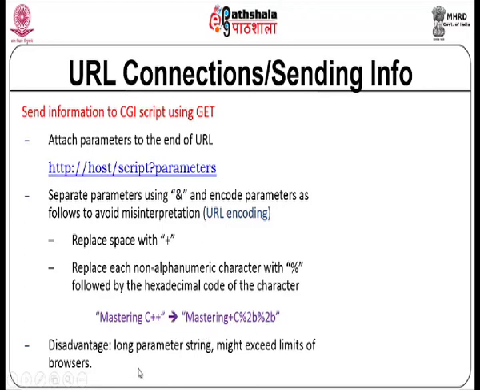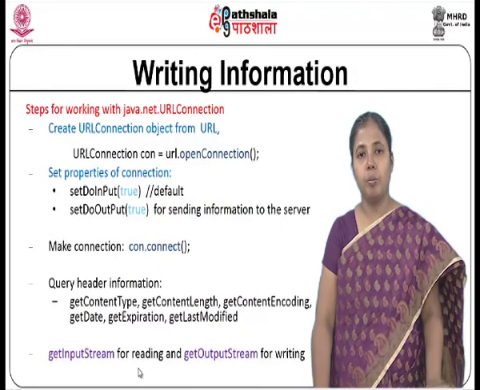This method of sending information is not advisable. Why? Because this would not support a long parameter string. So, when the information to be passed is more, you have to use the POST method instead of the GET method, and even this is not secure.